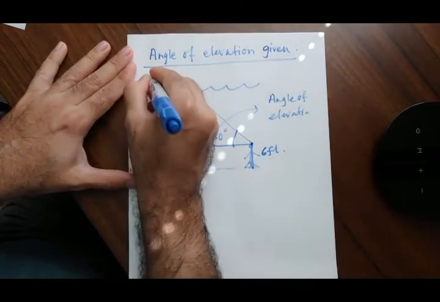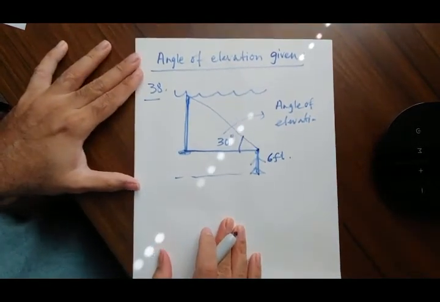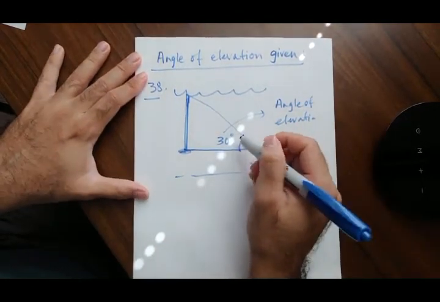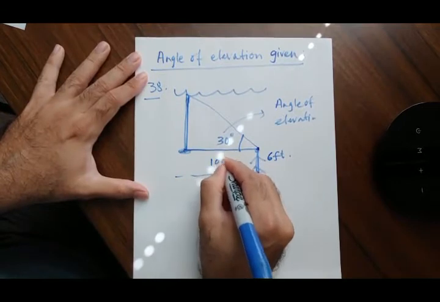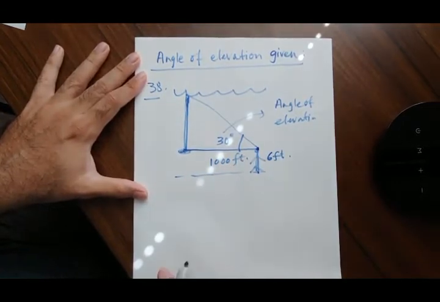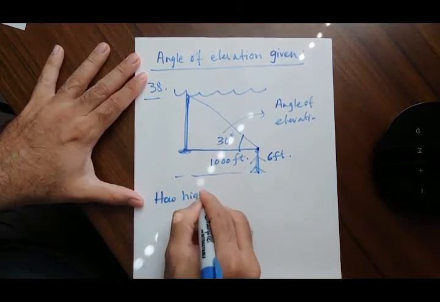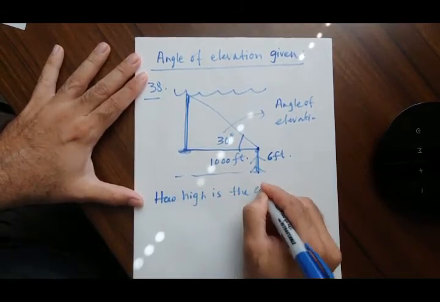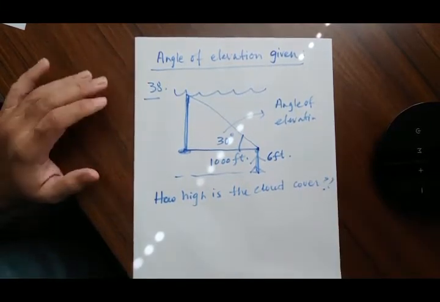Remember, it's problem number 38 in your book, so go and read that problem. So this is the angle of elevation, and the distance from the person to the searchlight is 1,000 feet. The question is, how high is the cloud cover?